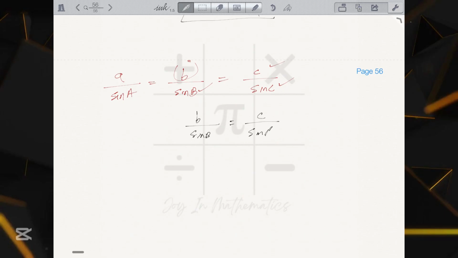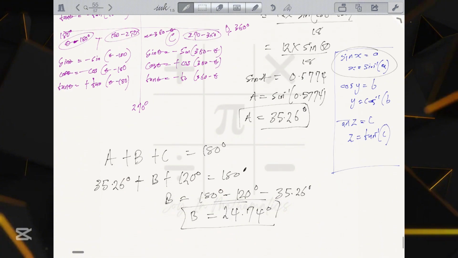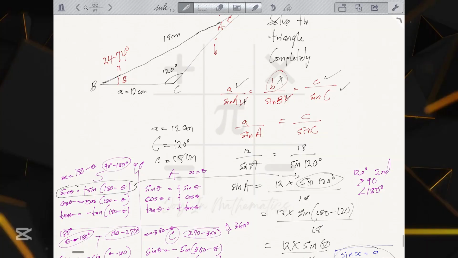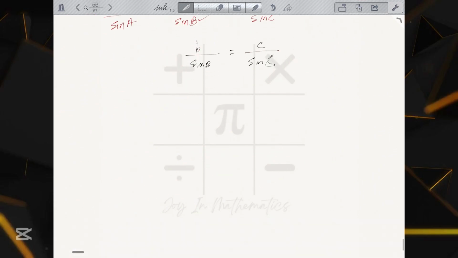Let's simplify now. Our length c in the question is 18 centimeters. We are looking for b.